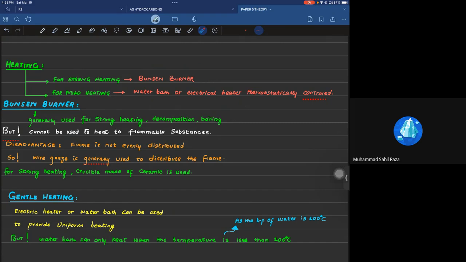If you have a naked, open flame and you are using organic solvents, of course your solvent can catch fire. So that's the disadvantage. And also the flame is not evenly distributed.